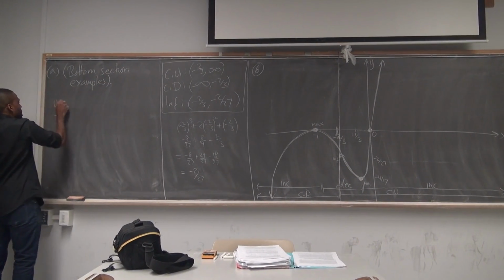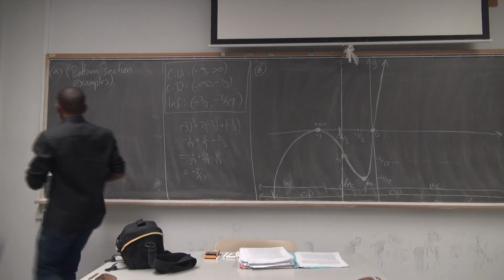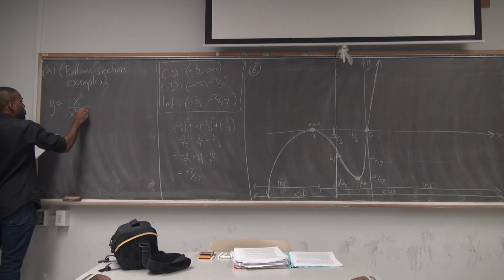So in this case, I have y equals, the original function is x squared over x squared minus 4.